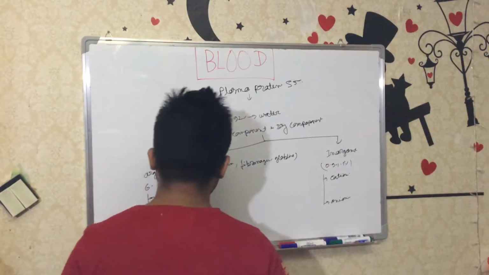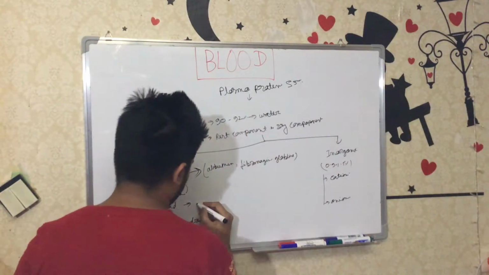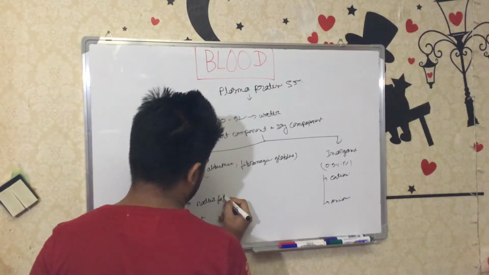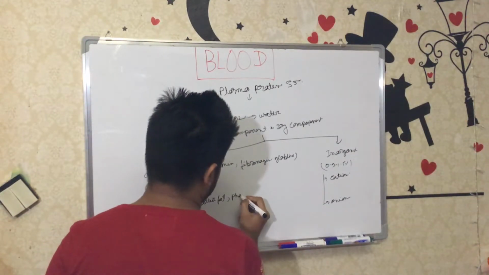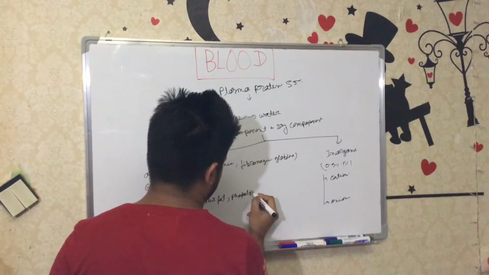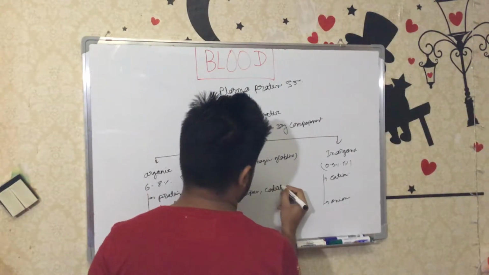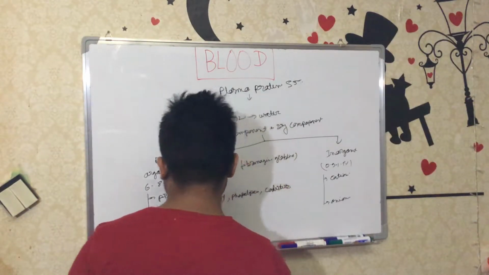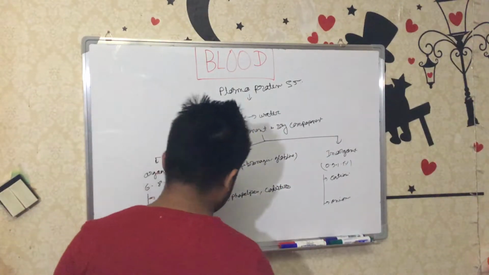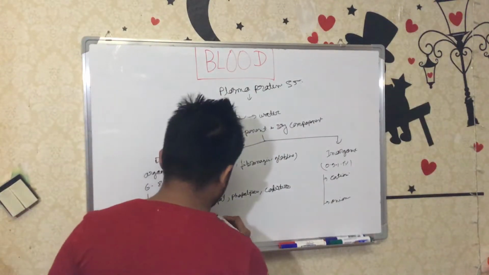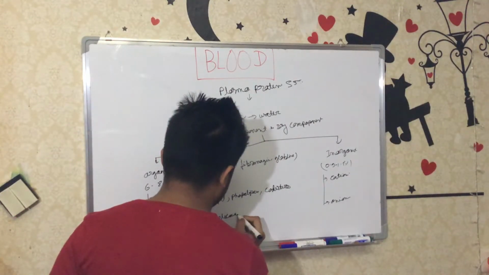Lipid, from the name you can understand that it's natural fat, phospholipid, cholesterol. That is the lipid. Carbohydrate, this is the glucose, the plasma glucose.